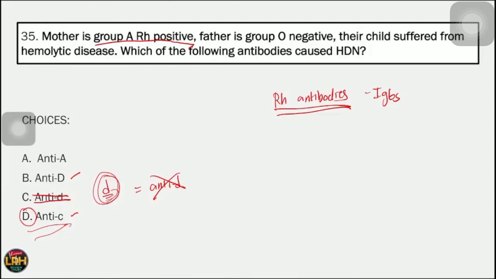So if the baby types as Rh positive containing D antigen, it will not pose a significant reaction with the mother's immune system. However, some Rh antigens, such as the small c antigen, if present in the fetus or on the baby's red blood cells, can also cause HDN. So the most possible antibody causing HDN in this case is anti-c. Letter D, anti-c.